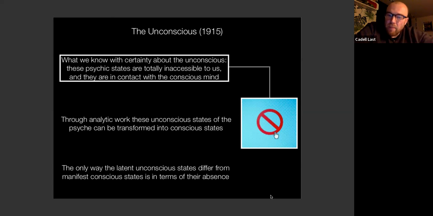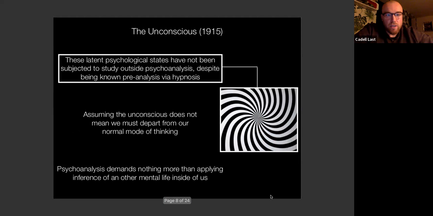And the easiest way I make sense of this is to just simply understand the prefix of the unconscious. Un means not. So you can think about this as states in their absence, but the not conscious has an effect on our conscious. It's just a little logical trick.